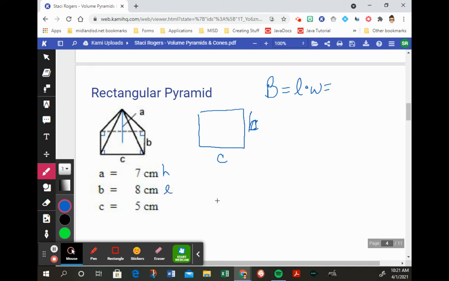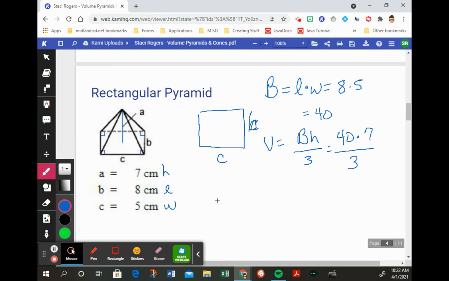So this is my length, this is my width. 8 times 5, which equals 40. A is my height, so I'm going to do volume equals big B times H divided by 3, which equals 40 times 7 divided by 3.